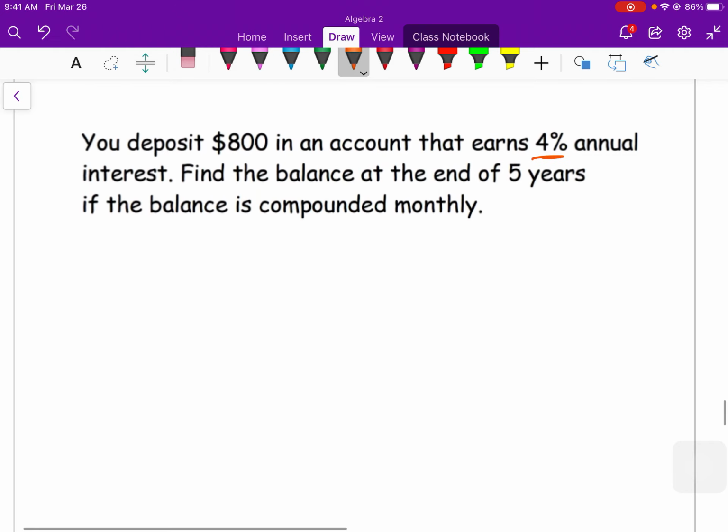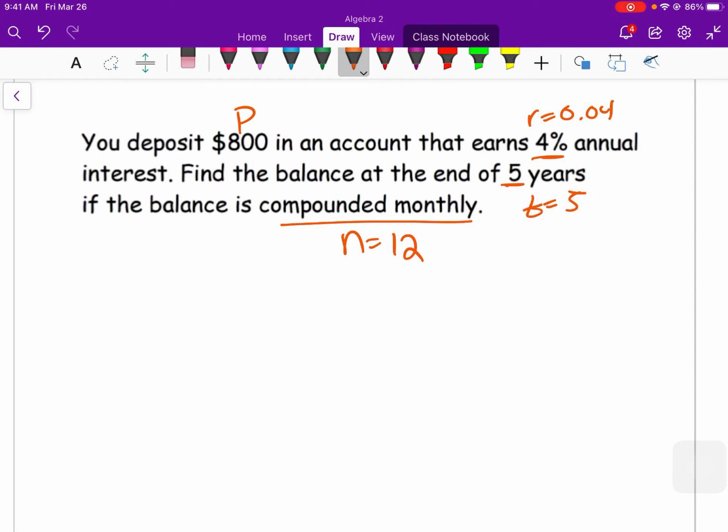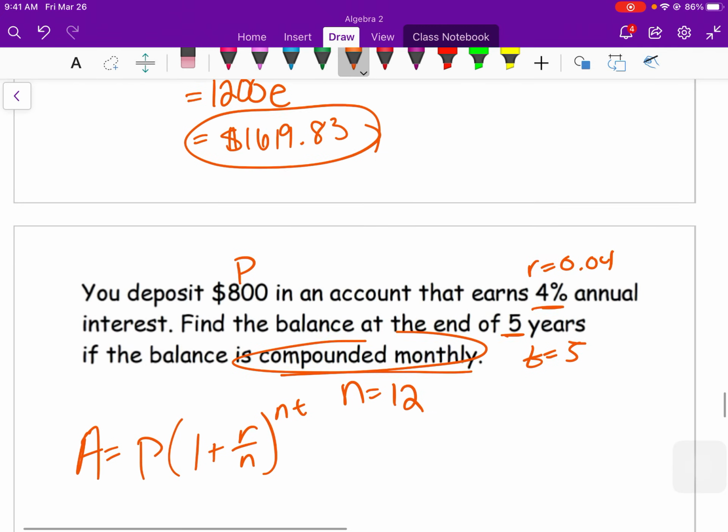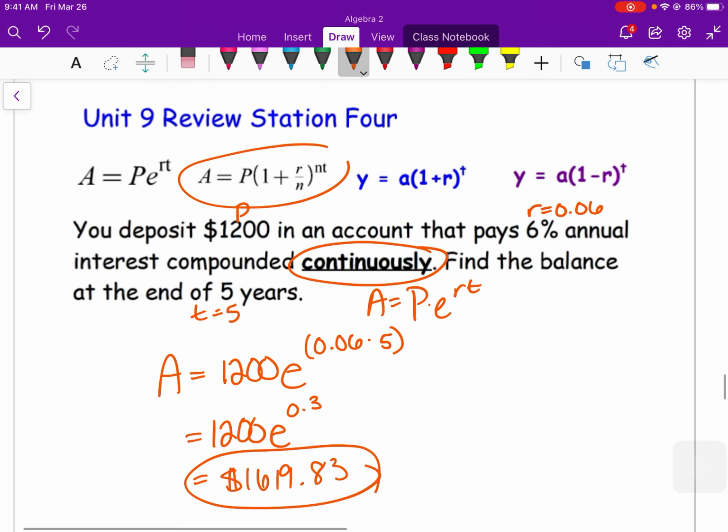$800 in an account earning 4% interest, 5 years compounded monthly. That means that n equals 12, and then this would be P, R would be 0.04, T would be 5. Since it says compounded monthly, it's interest, so we're using this formula, which is 1 plus R over N to the NT right here.